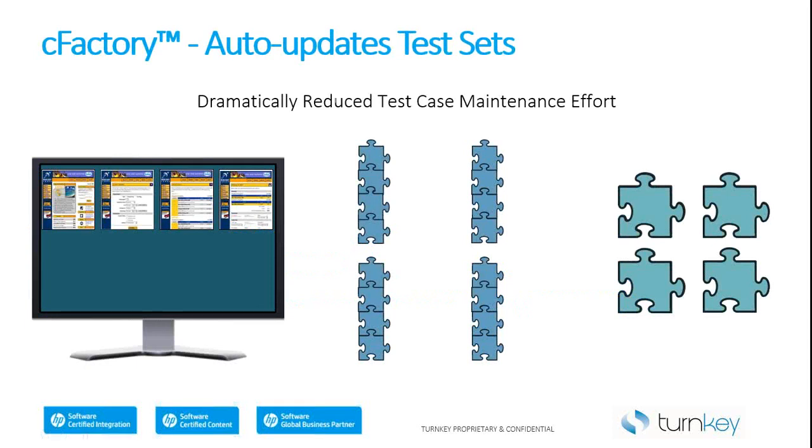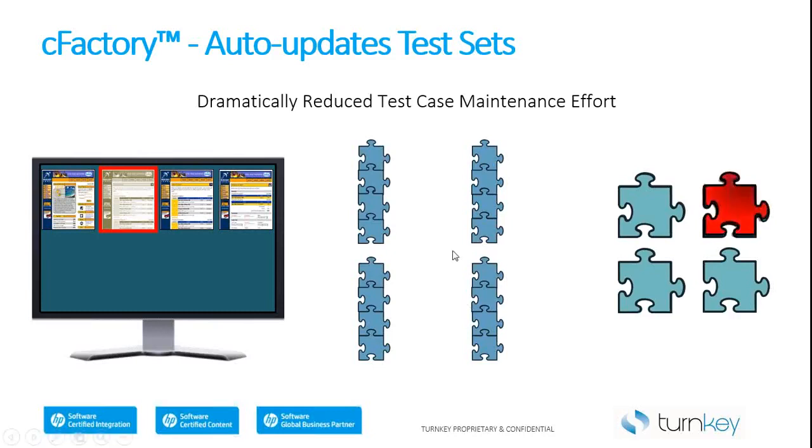So just to go back to our examples, we have our screens on the left, our application. This could be, in some cases, dozens or hundreds of screens. We've assembled a number of test cases, which you see in the middle, and each of these are comprised of components. So what happens when a screen changes? Let's say a field was added, a field was removed, maybe the order of operation changed, something has changed in this application.